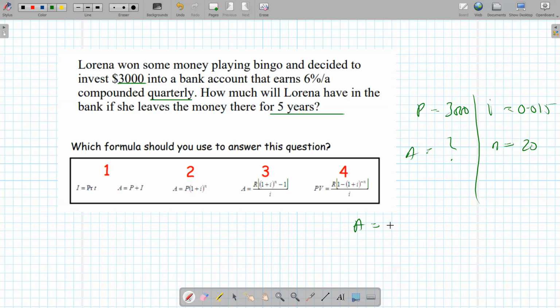So we'll just plug it in. 3,000 times 1.015 to the power 20. Try plugging this in. Um, 4040.56.